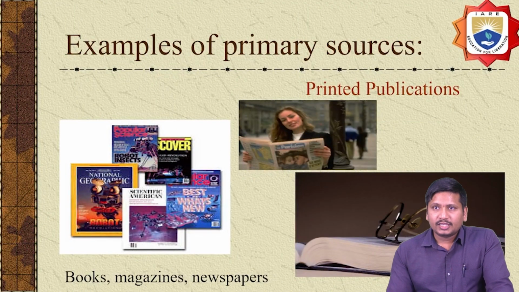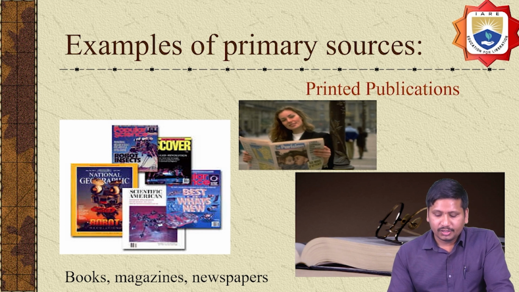So what are some examples of primary sources? The best examples of primary sources will be books, magazines or newspapers. Suppose I consider books: all the data comes from the primary source only, right? The person who authors the book becomes a primary source.